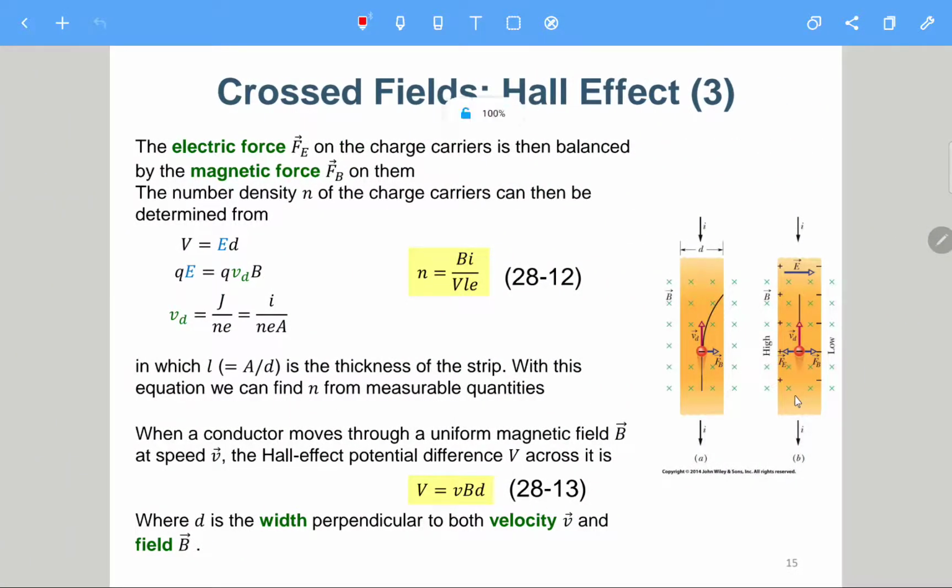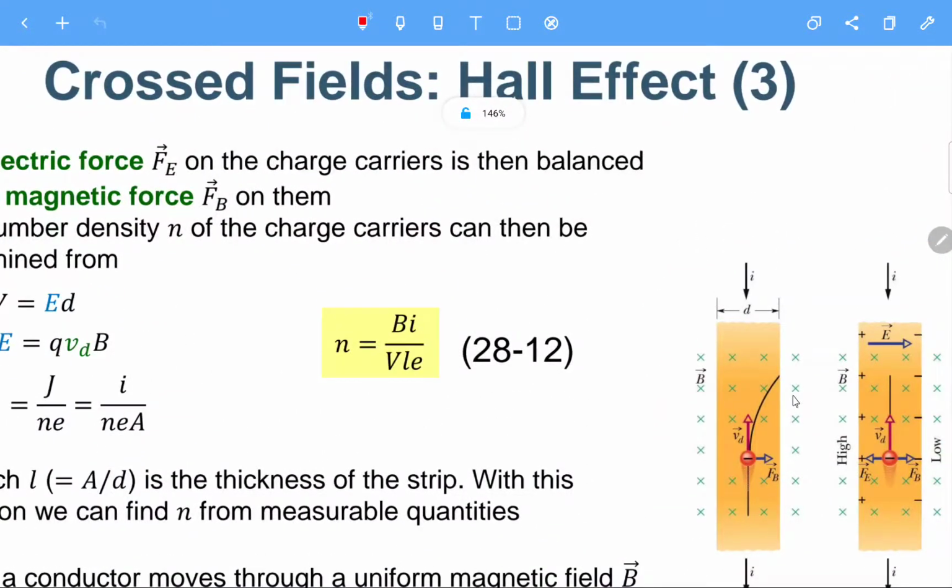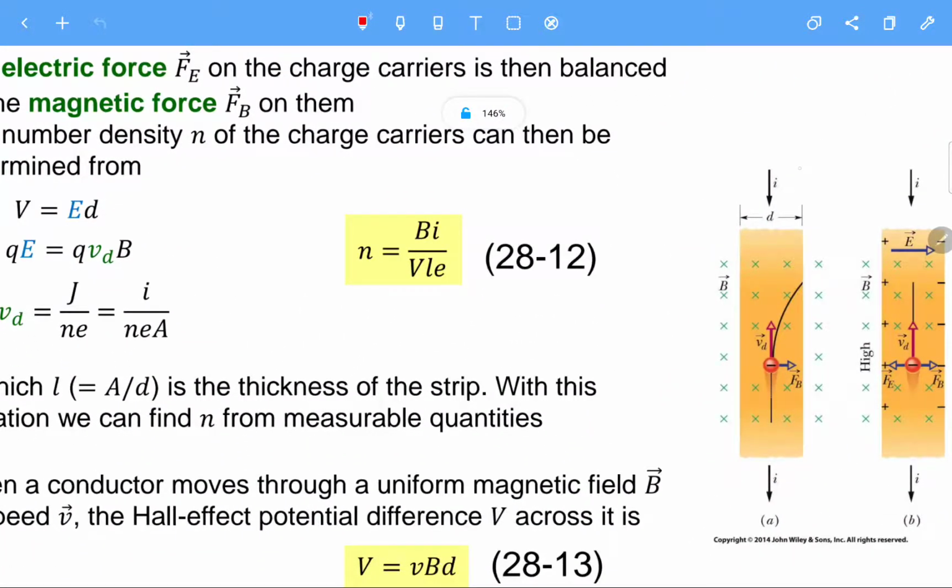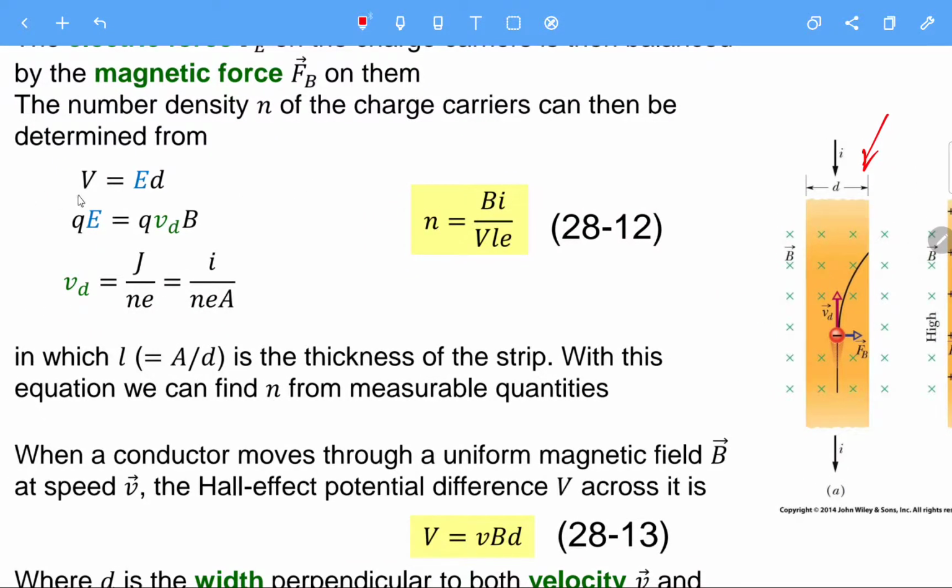So in this case, suppose the width of this wire is D. So we can have V equals ED.